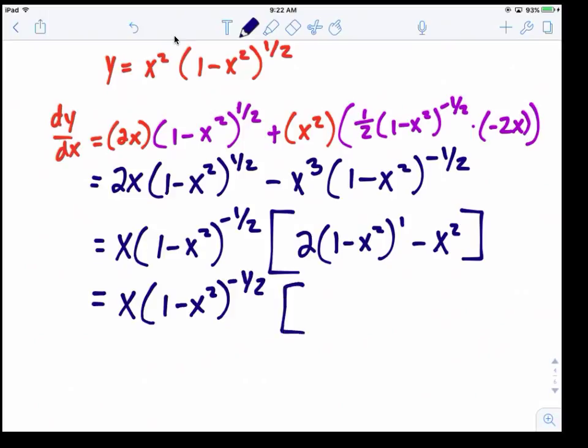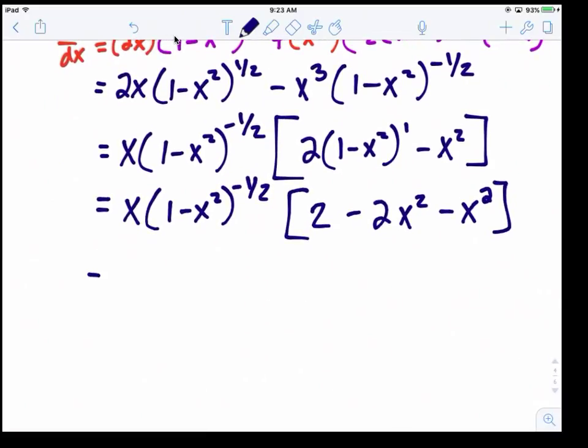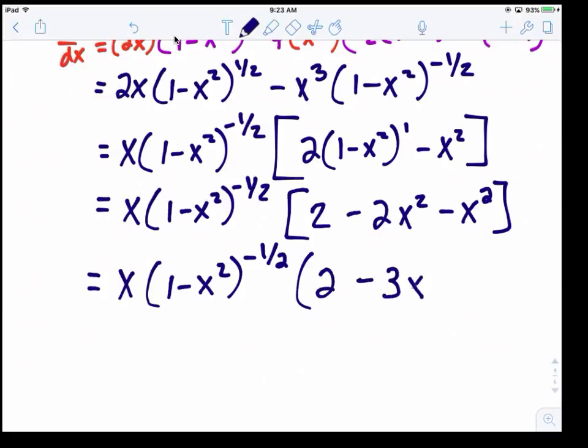So you can simplify now the 2 times 1 minus x squared because it's only being raised to the first power. So that's going to give me 2 minus 2x squared minus x squared. And then you have x, 1 minus x squared to the negative 1/2 times now 2 minus 3x squared.